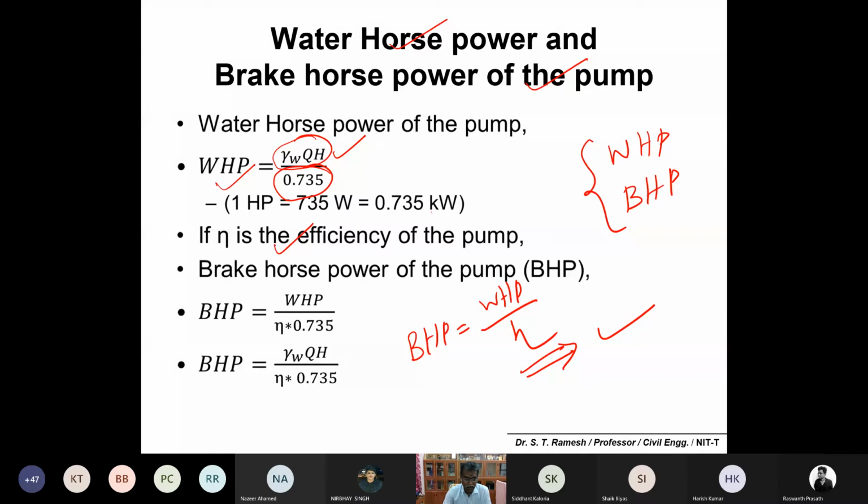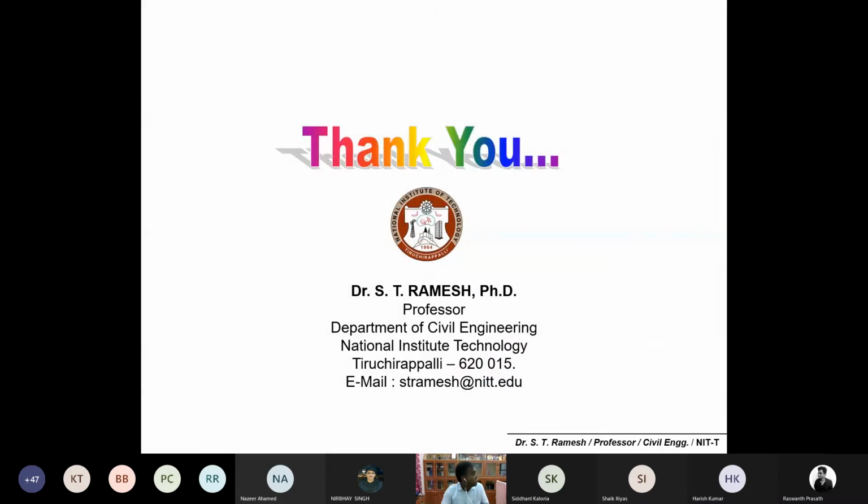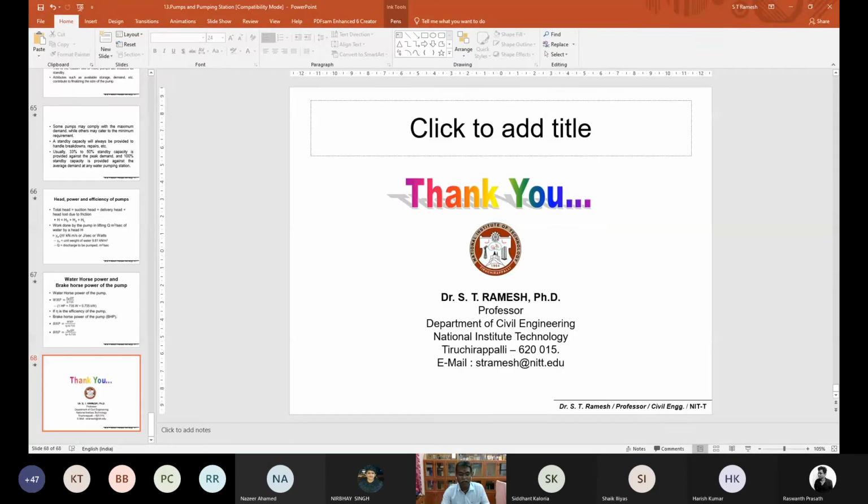And if the efficiency of the pump is known, you can easily calculate BHP. BHP is equal to WHP divided by eta, where eta is the efficiency of the pump. Is it fine? So with this, we'll close these pumps and pump operations.